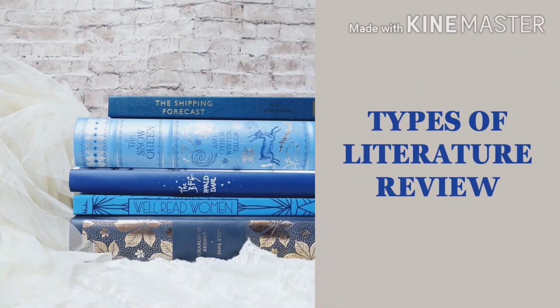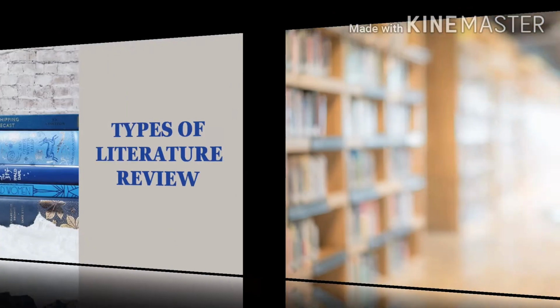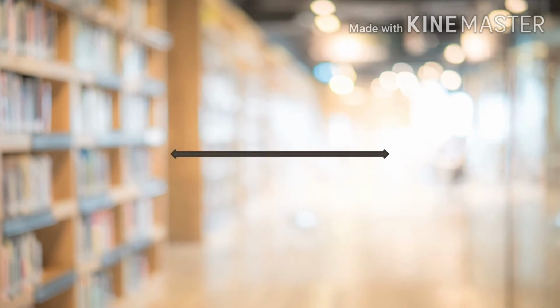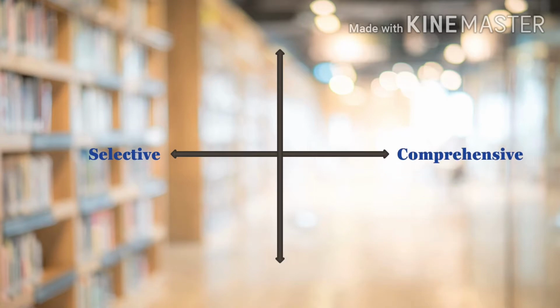There are many different types of literature review you may encounter or be required to write while in graduate school. The literature review can range from being selective to comprehensive. They can also be a part of a larger work or a standalone assignment.